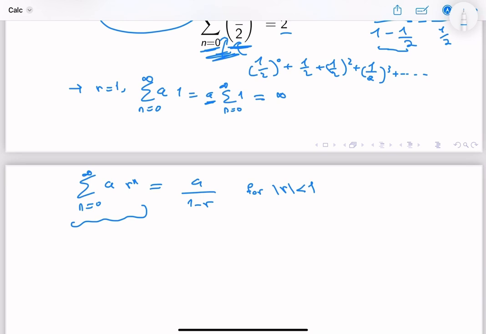Sure, it is an infinite sum of numbers, but how would you make sense of the term infinite sum? It's a limit of a partial sum. So what's the partial sum here? What's s sub N, the Nth partial sum? It's the sum from n equals 0 to N of a r to the n, right? So we sum N terms.